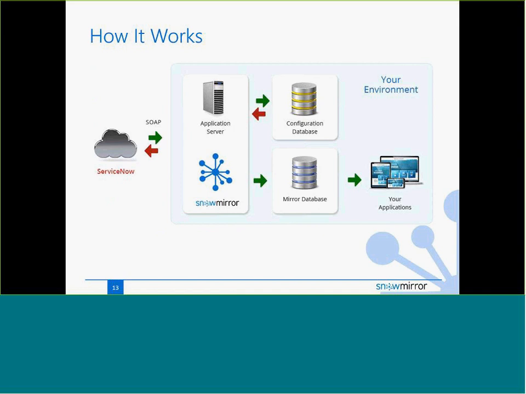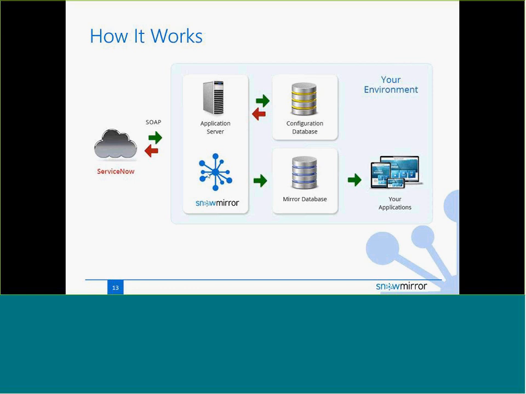Now, once again, a very similar picture, but we will be installing and configuring SnowMirror. You understand the architecture. So we will need 3 things to make SnowMirror work. First, we need a server where we install SnowMirror.